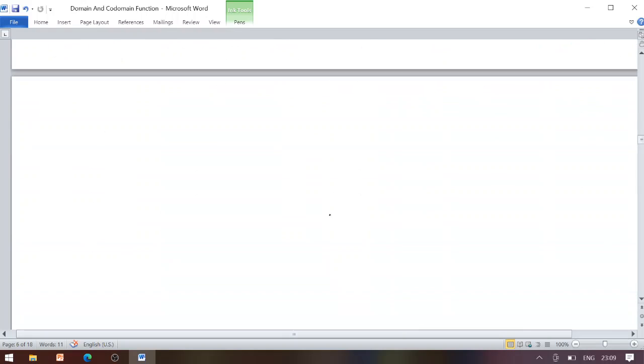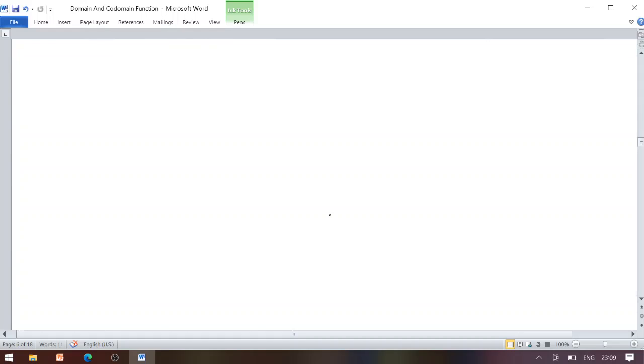Now look at the next function. We are finding the domain and range of the given function, which is of the form x minus 4 divided by 4 minus x.